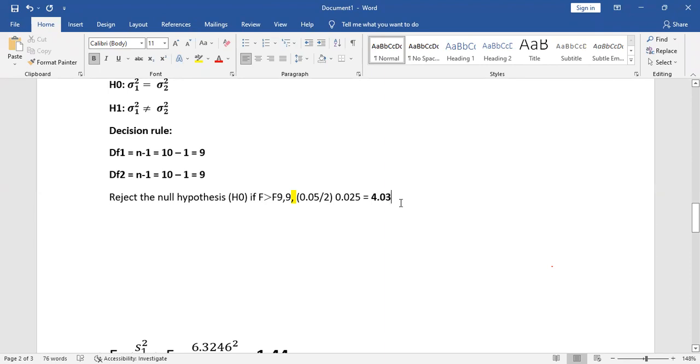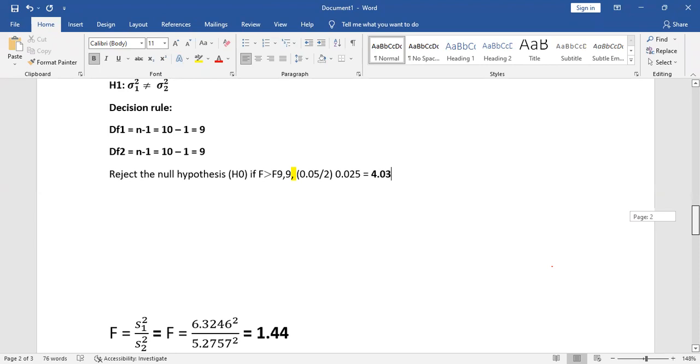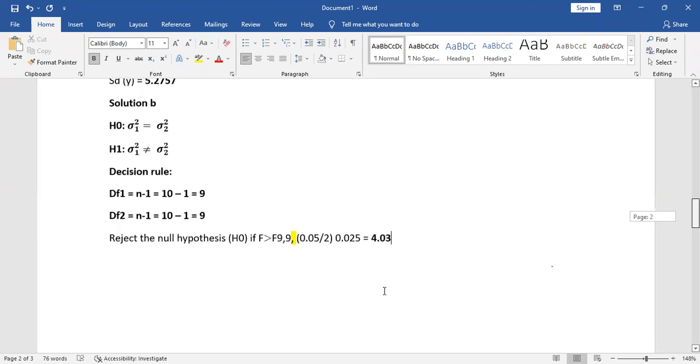So the 4.03, I've put it there. And now we can make a comparison with what we're going to calculate. If F is greater than, the F I'm talking about is the F which we are going to calculate.